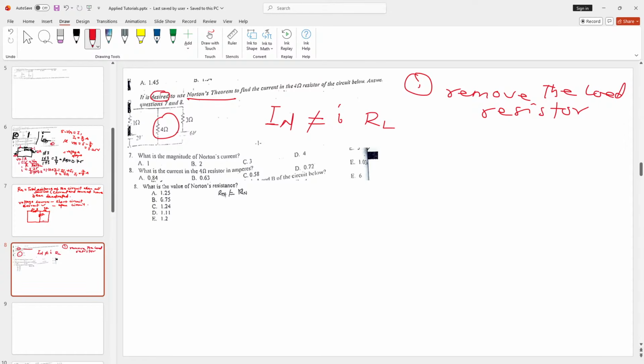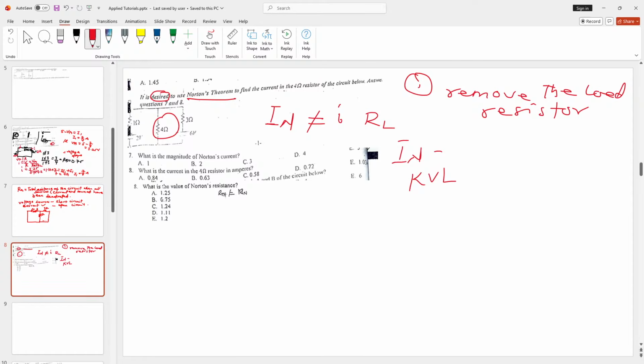So after we've removed it, we are going to mark those 2 terminals. And then we are going to put IN, that is the Norton's short circuit current, inside. And after we are done, we are going to solve using KVL.